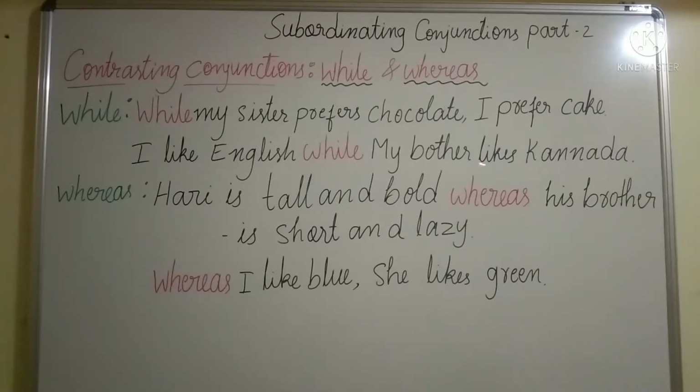While my brother likes Kannada, I like English. My brother likes Kannada. So this is the contrast, the difference between two people's tastes. Okay. See, in this situation we will use the subordinating conjunction while to express the contrast between two statements.